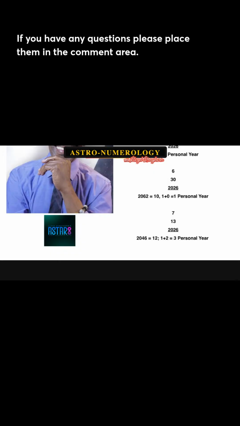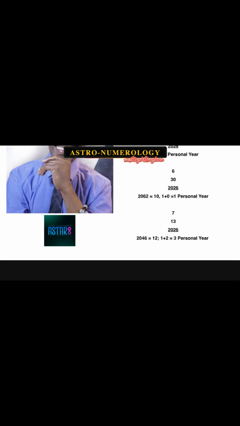What it tells me is this: if this person's key numbers are a 2, a 7, and a 3, that tells me that the years 2027, 2028 are going to be amazing for them, like it was in 2018 and 2019. In other words, 2027 adds up to an 11, and 1 plus 1 is 2. 2028 adds up to a 12, and 1 plus 2 is 3.